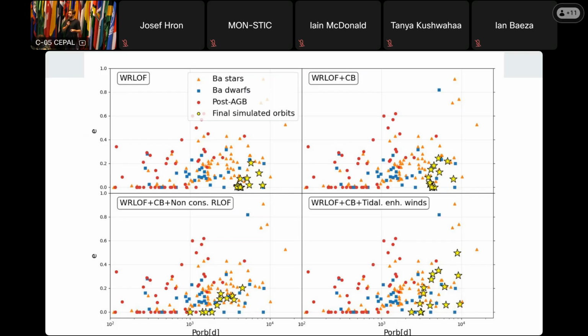If you assume also some degree of non-conservativeness or tidally enhanced winds, we can go below, to 3,000 or 2,000 days, but even those are quite generous assumptions. So it means that there must be something else still happening, and we don't know what yet.